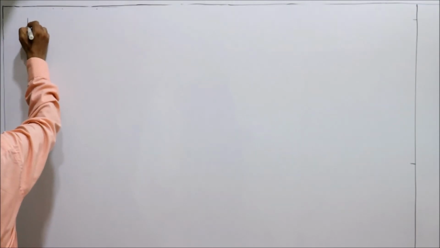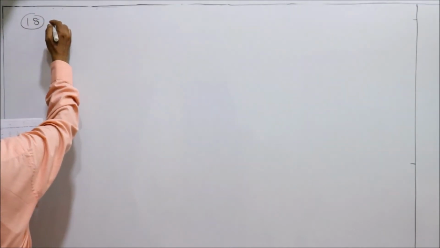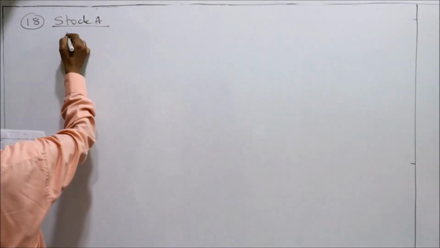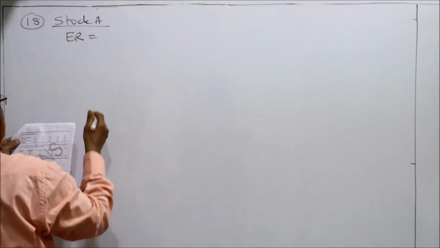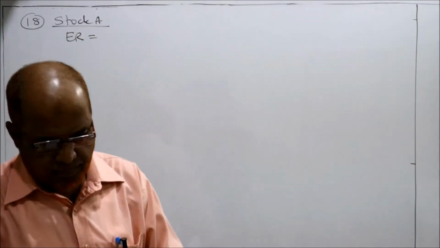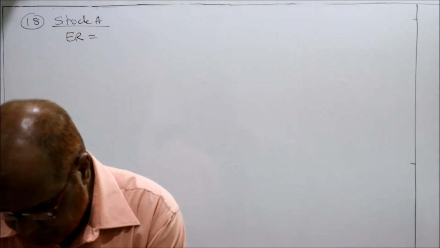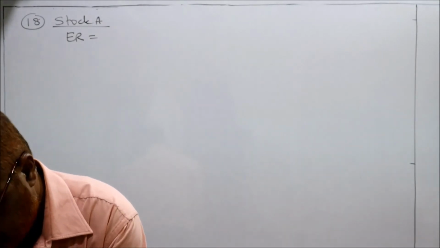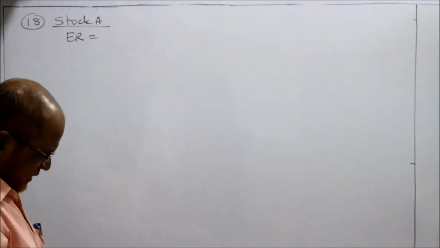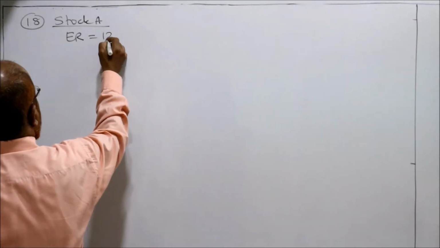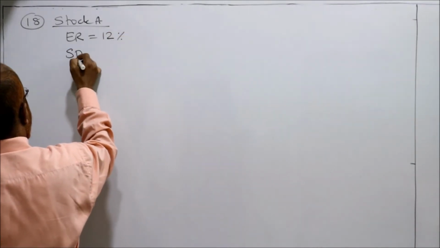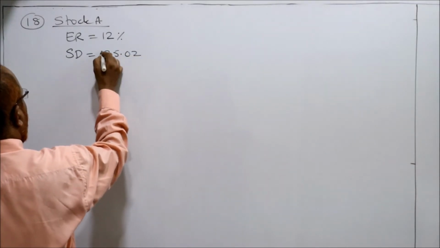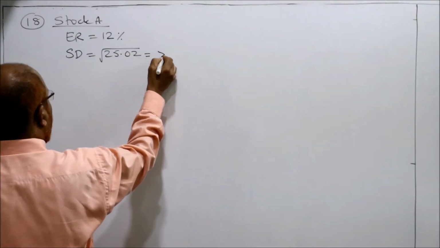18th problem. Stock A: expected return is 12% and standard deviation is 25.02 under root, you will get 5%.